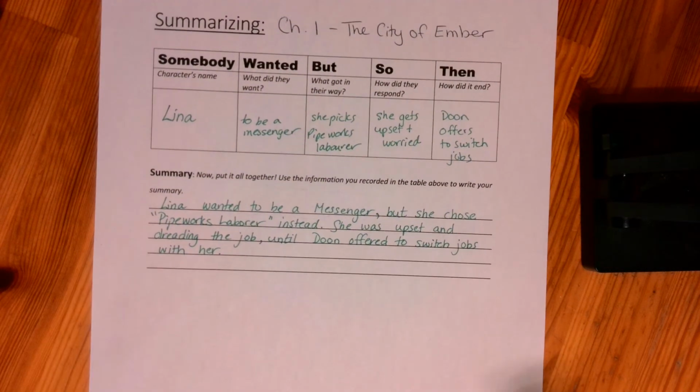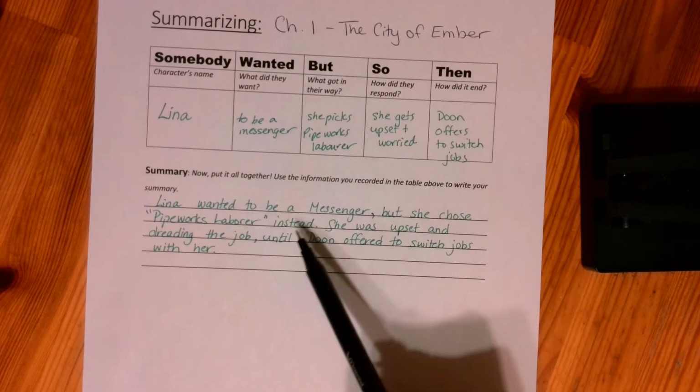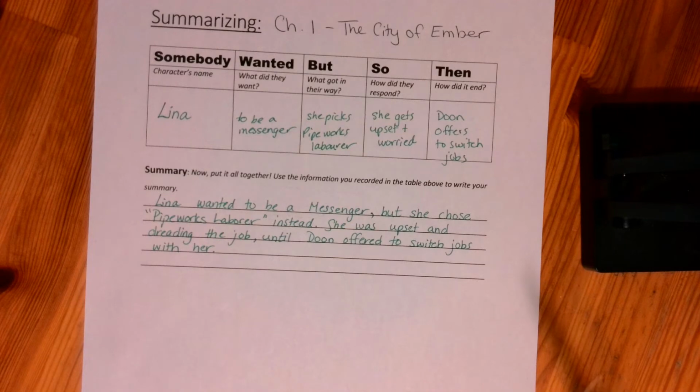Right? So you see how I've used the information from these 5 boxes, right? And I've put it together in 2 sentences. Lena wanted to be a messenger, but she chose Pipeworks labor instead. She was upset and dreading the job until Dune offered to switch jobs with her.